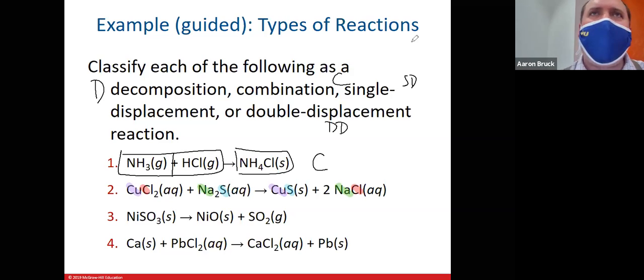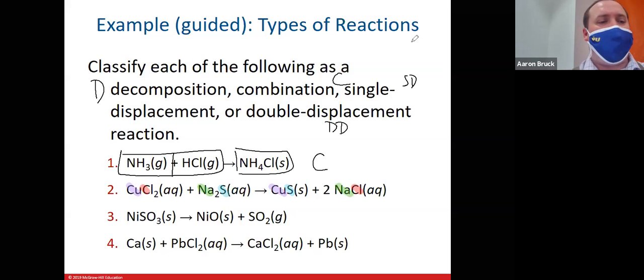And all that has happened is that those common components have rearranged themselves. When you see that, you should understand that's a replacement reaction or a displacement reaction. So I'm between SD and DD. Which one is it?